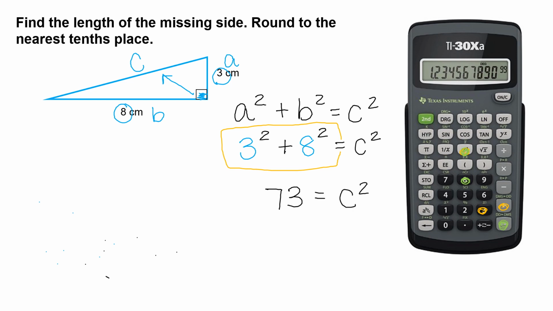And remember, 73 is our C to the second power. We have to figure out what our C value is without the exponent. So we'll go ahead and take the square root of both sides to cancel out the exponent of 2. And if you type 73 and hit the square root button, you get a long decimal, 8.544, and we don't really care about the rest of it.